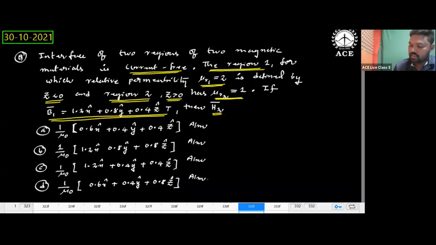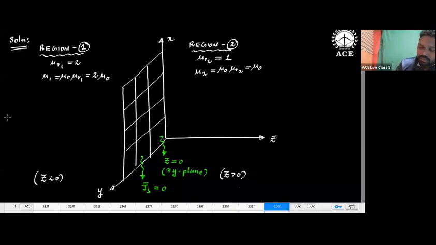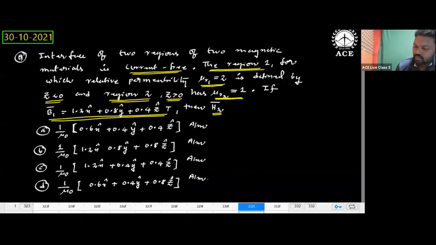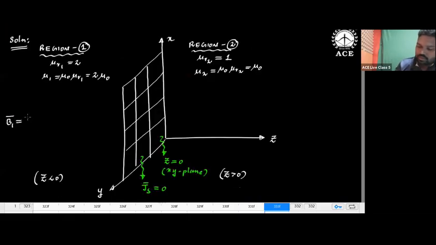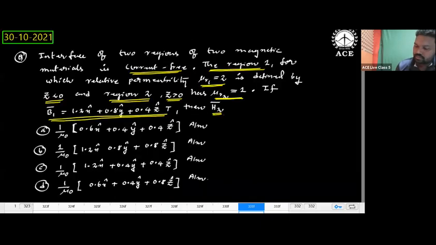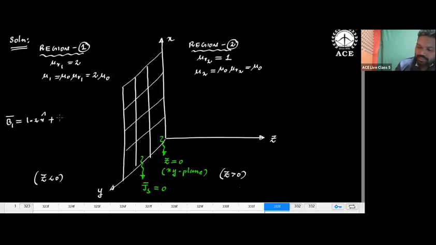And what is the thing here? Here B1 is given. How much is the B1? 1.2 x cap plus 0.8 y cap plus 0.4 z cap. Clear?